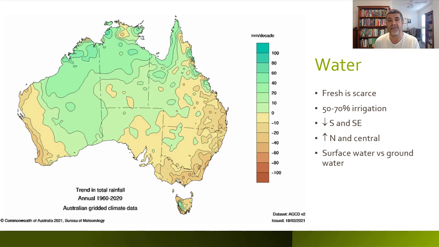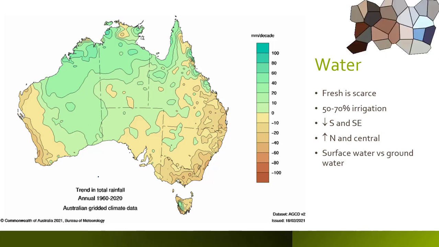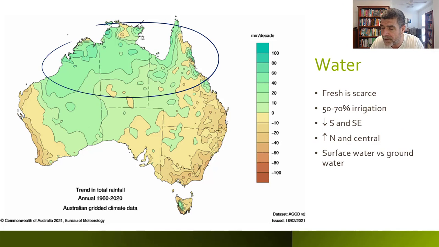The problem is this variability, and you can see across the northern part of the country, we have large amounts of water falling at a fairly regular rate. But in other areas, particularly some of the coastal regions where some of the major cities are located, we are experiencing much, much less rainfall on a regular basis.